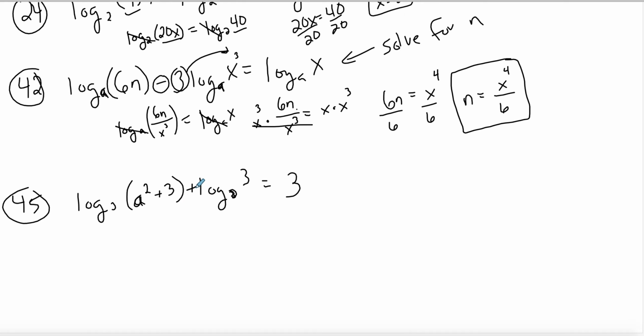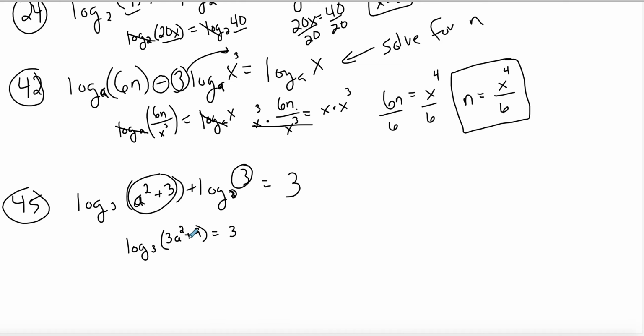I see a plus. That tells me I need to put them together by multiplying. So log base 3 of, so I multiply this into the group. 3a squared plus 9. You're going to have to FOIL that. If I'm multiplying this times that group, I distribute that. And then I got a 3 there.